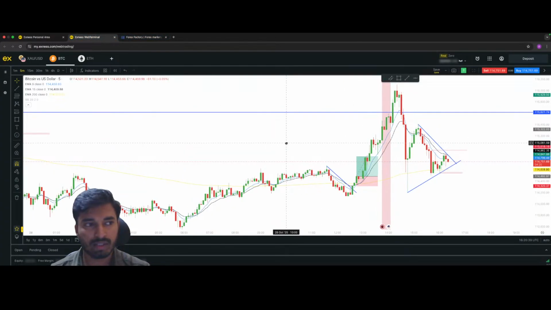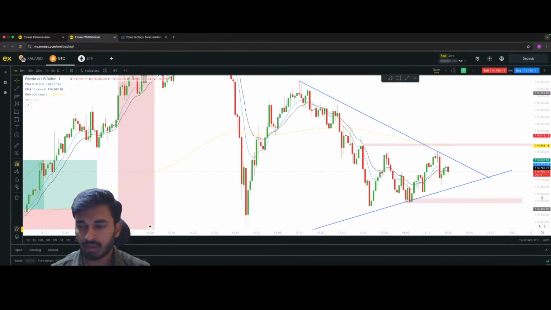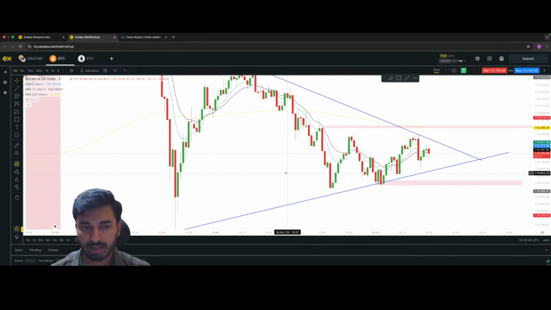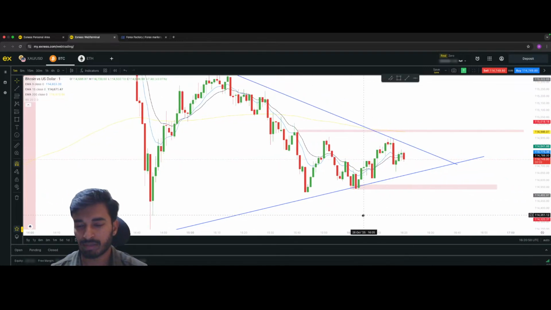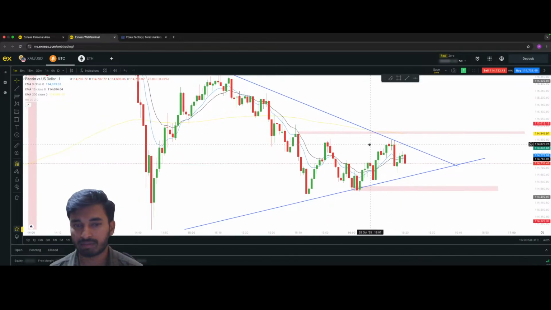Now let's concentrate on this trade. If I shift to 1 minute, you can see that there is support. It is taking support over here. See, this is a high, so an equal high is happening, so it is not breaking out.